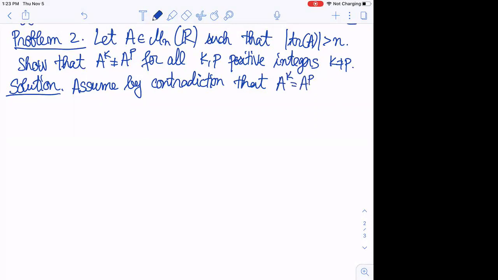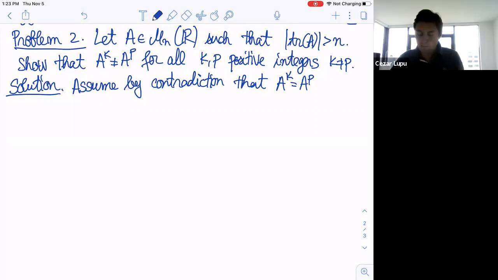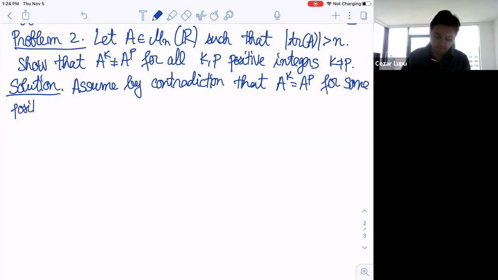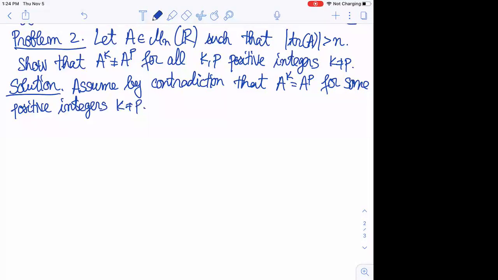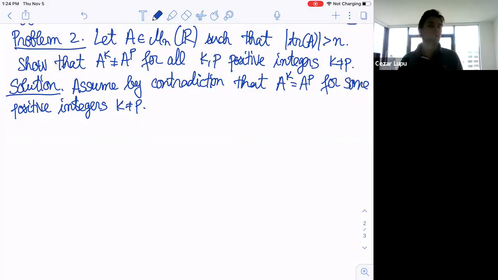Yes, Aaron? Would you assume for the contradiction that there exists some k, p? Yeah, exactly. A to the power k is A to the power p for some positive integers k, p, right? And the trace of A has to be greater than n, right? Yes, we know that the trace of A is greater than n.